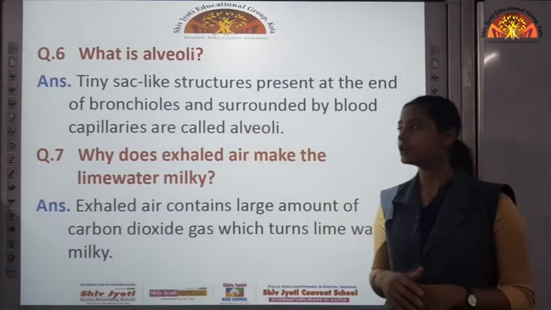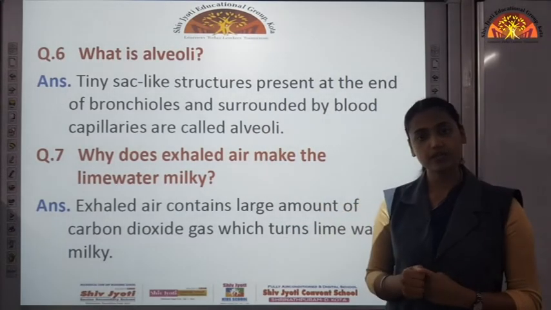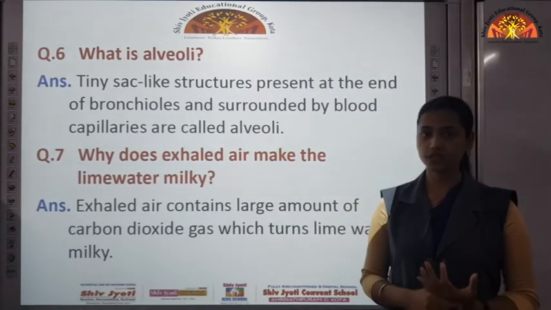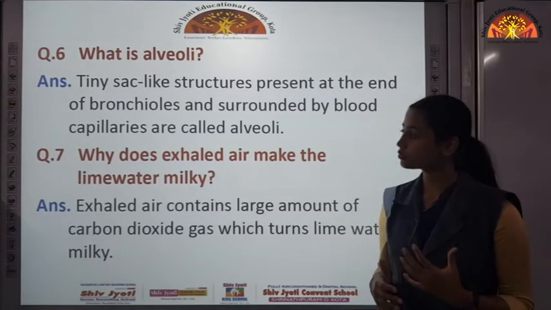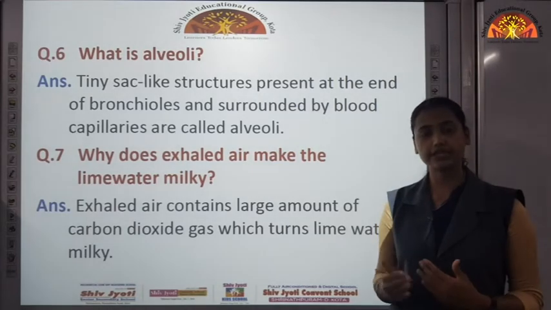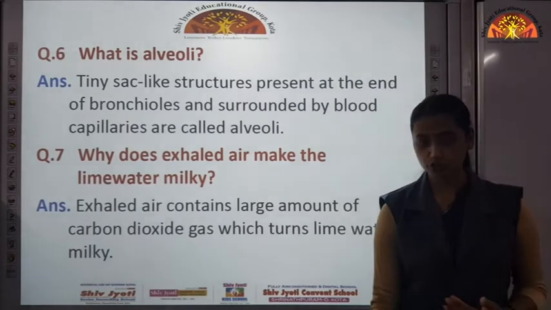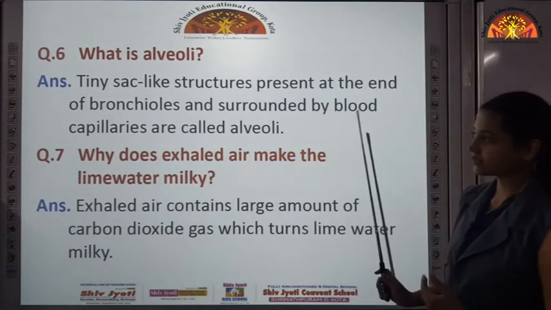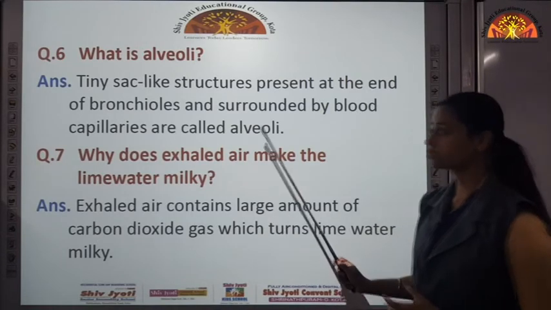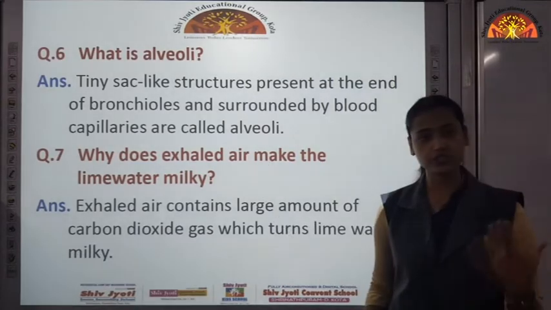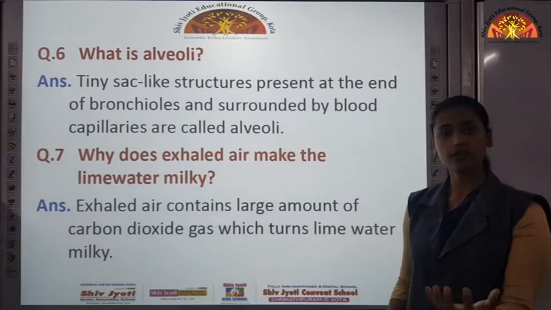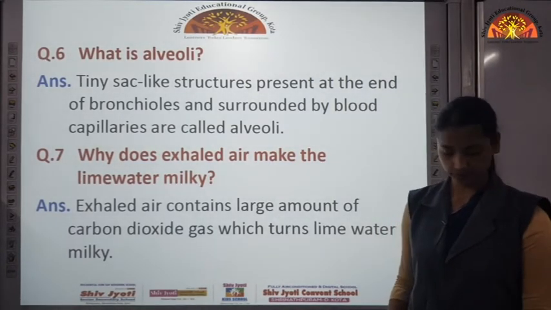As we know that exchange of gases takes place, our blood carries oxygen-rich blood and carbon dioxide-rich blood. So, from which part are those gases exchanged? Through blood capillaries which are present around alveoli. These alveoli give oxygen to our blood and take carbon dioxide from our blood.